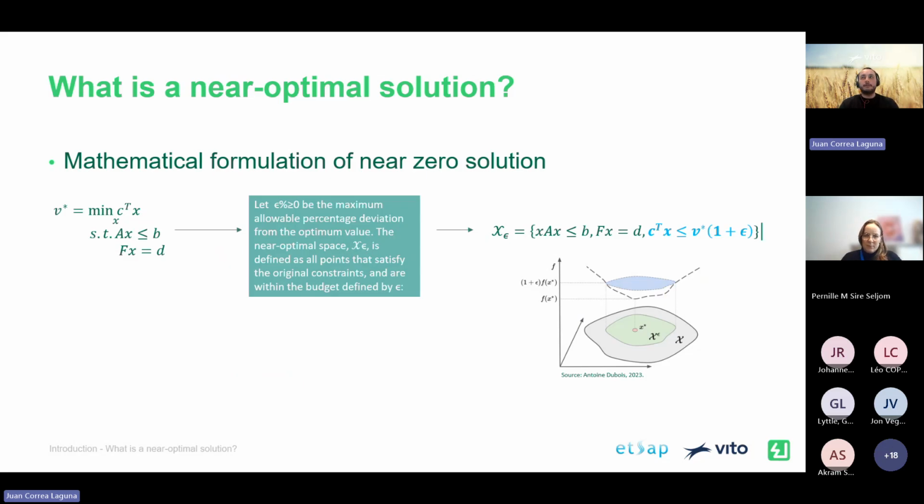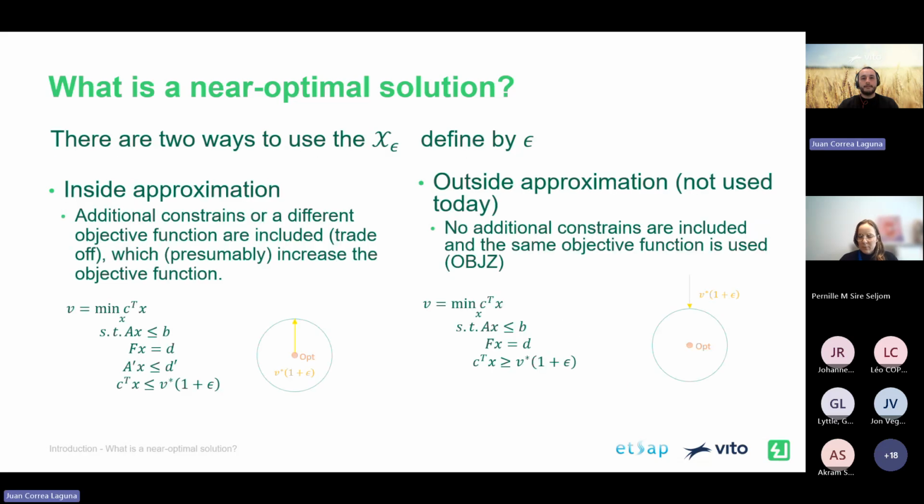That user constraint is a direction that will take us far from that optimal point. So the inside approach, that's the one that we can explore in TIMES for the moment. So you start from the optimal, you find the solution space or the solution envelope. And the drawback is that you need to define the direction that you want to explore.